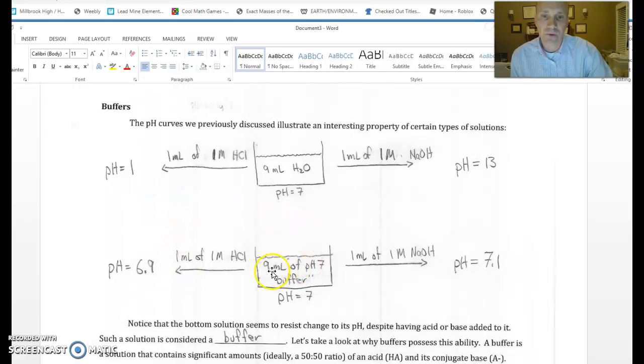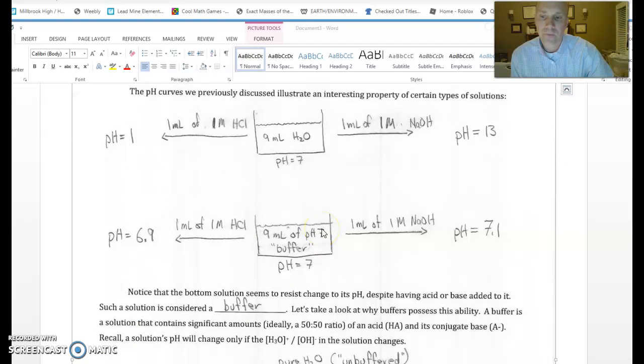So let's take a look at what's going on here. What we have here is a solution that seems to have a resistance to having its pH changed. So the name of such a solution that has this property of wanting to resist having its pH changed is called a buffer.